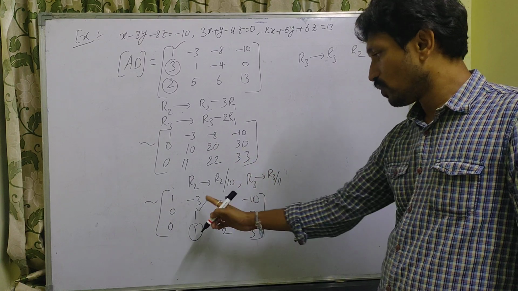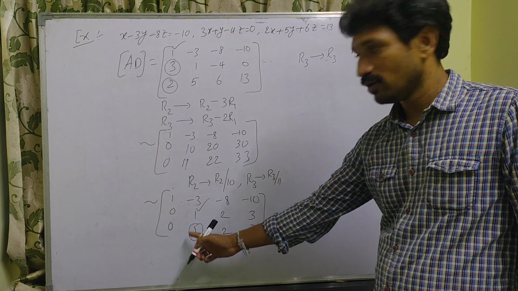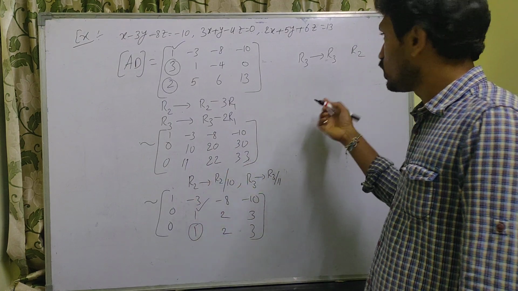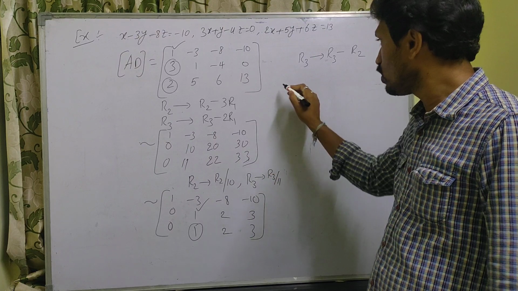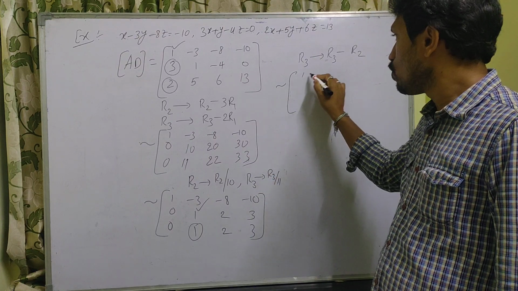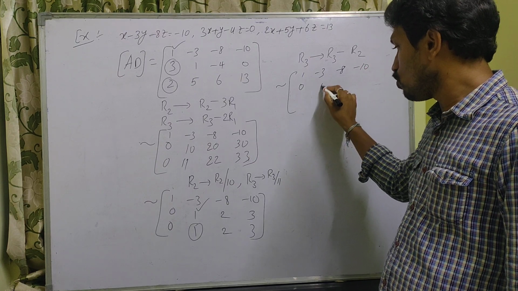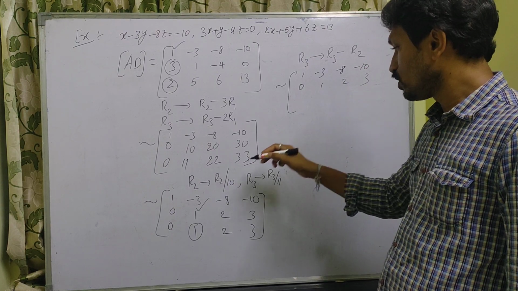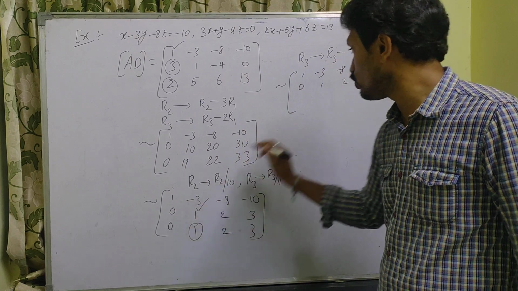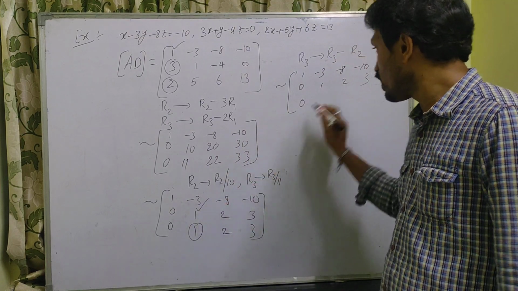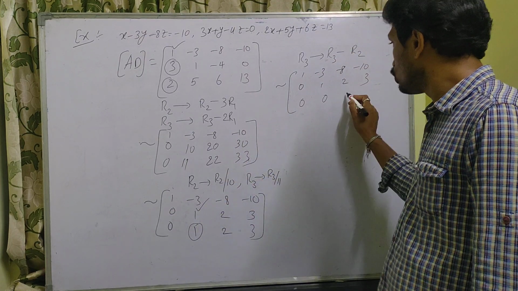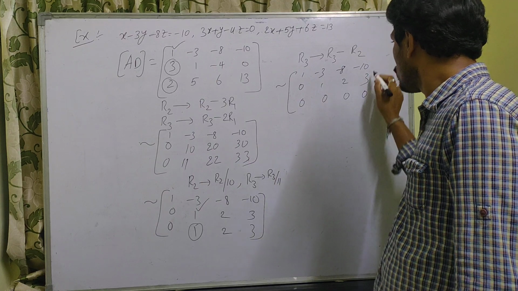So just we have to observe the sign. Both have the same sign, so that means we have to write minus. So now this is equivalent to 1, minus 3, minus 8, minus 10, then 0, 1, 2, 3. So now 0 minus 0, 0 only. 1 minus 1, 0 only. 2 minus 2, 0 only. 3 minus 3, 0 only.